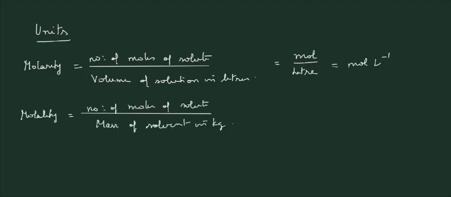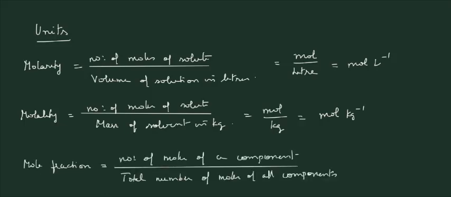This is number of moles of solute by mass of solvent in kg, so its unit is mole per kg. Mole fraction is number of moles of a component divided by total number of moles of all components. So this is mole divided by mole, so it has no unit, because it is just a fraction.